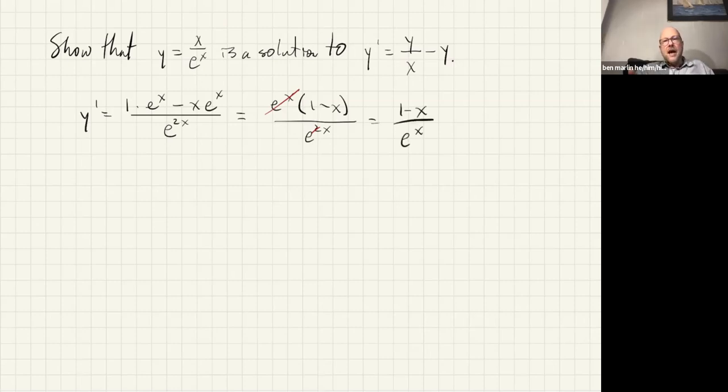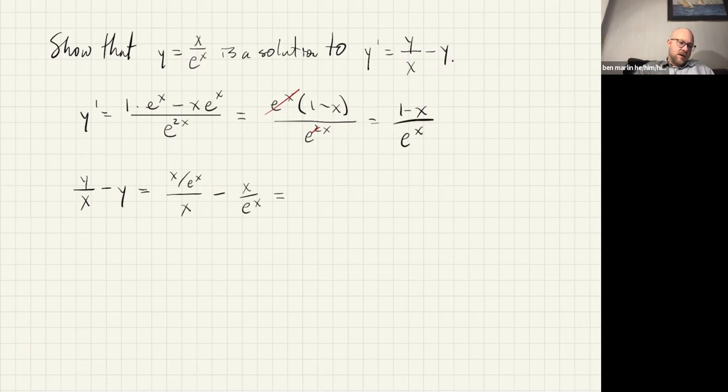Okay, now we're going to show that the other side is the same thing. So we're going to take y over x minus y. And that means that you have to plug in x over e to the x on each one of those where the y is.